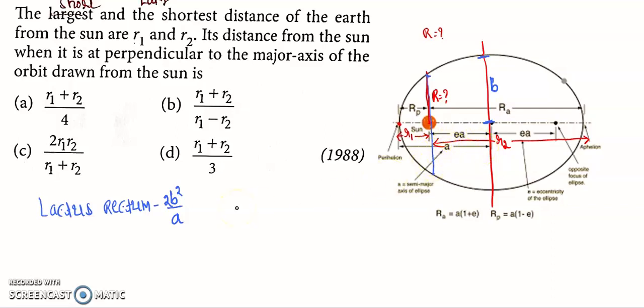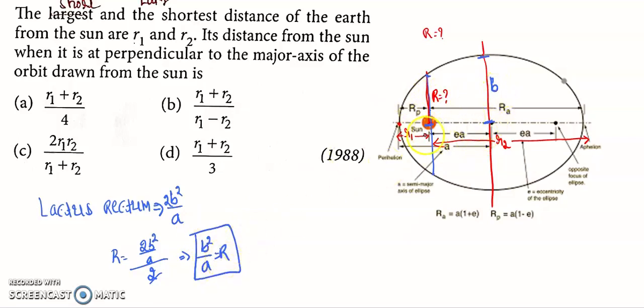So the latus rectum is this much, but I need only the half portion. So r is equal to 2b square divided by a, whole divided by 2. The 2 gets cancelled, because this is a half portion, so we divide by 2. So b square by a is equal to r. So this is the formula for r: r is equal to b square by a.